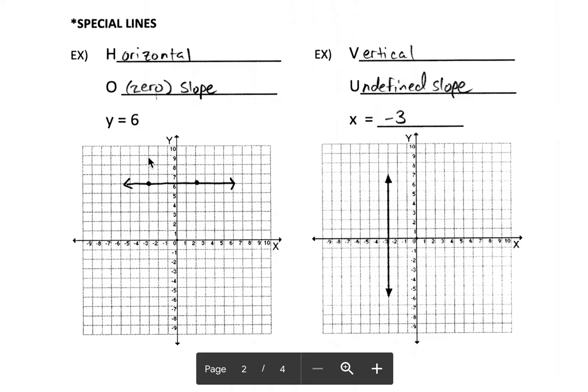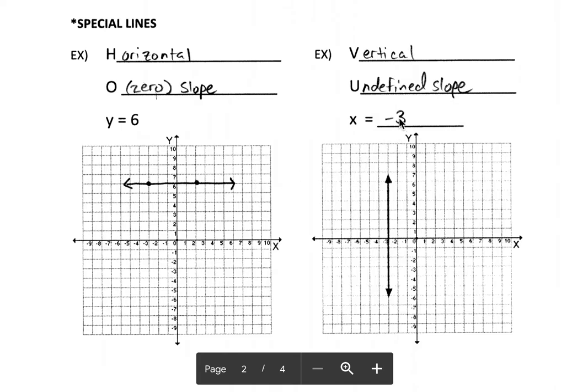So if you have y equals 6, we know our y-intercept is going to be at (0, 6). Really, any point on this line is going to have a y value of 6. So that's why we can represent it by just using this simplified equation, saying that all points are going to have a y value of 6, which is going to create a horizontal line.